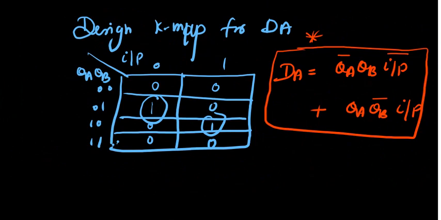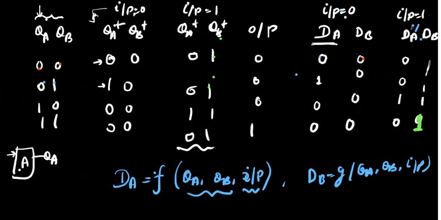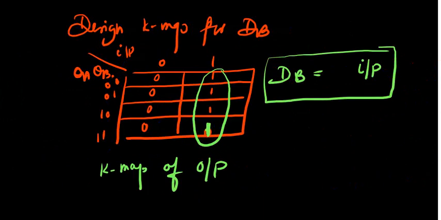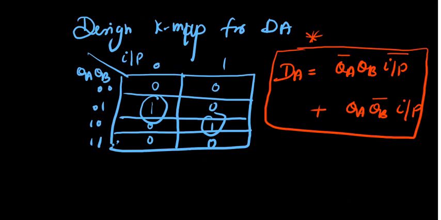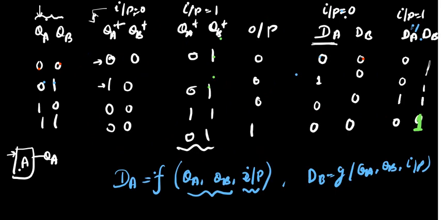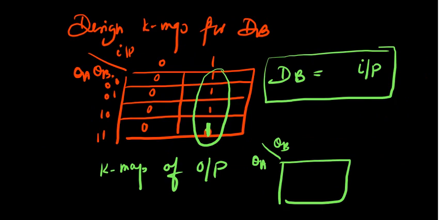And as we are designing a Moore machine, the output will only depend on the state. It will not depend on the input. So we have to draw the output K-map for output only as a function of QA and QB. Correct. So by simply observing, you can write that output should be QA, QB, right? There is no need to draw a K-map also.